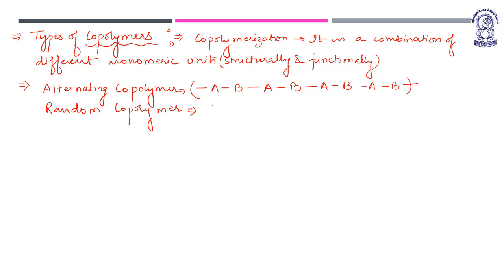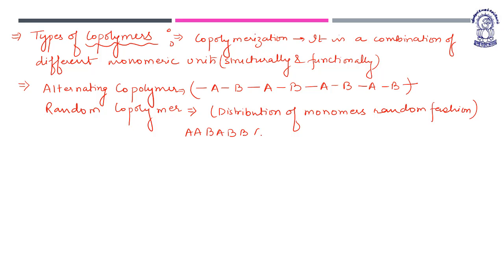So it is the distribution of monomers in random fashion, like AA, BA, like this.